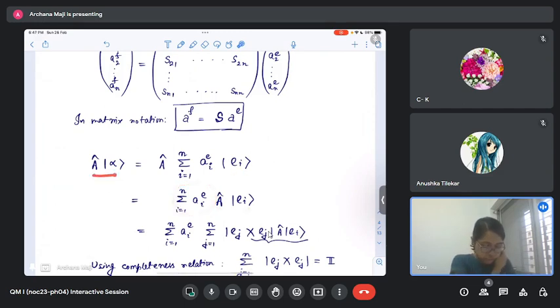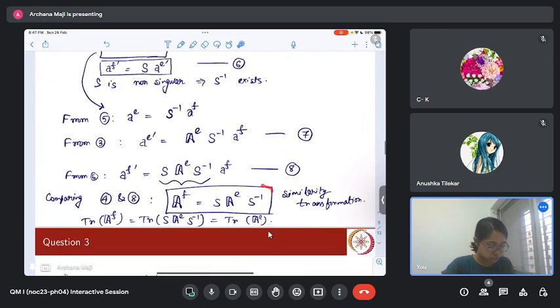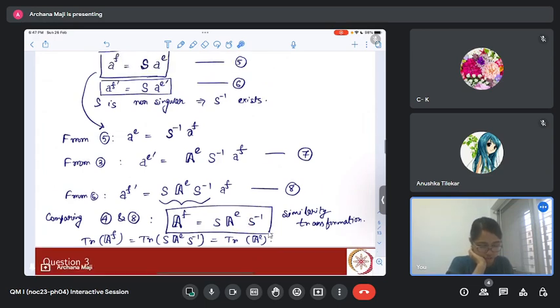So that is a linear transformation. And for any linear transformation, this property holds that for two different bases, the matrix will be related by a similarity transformation or S inverse, where S is a non-singular matrix. It can be unitary matrix.